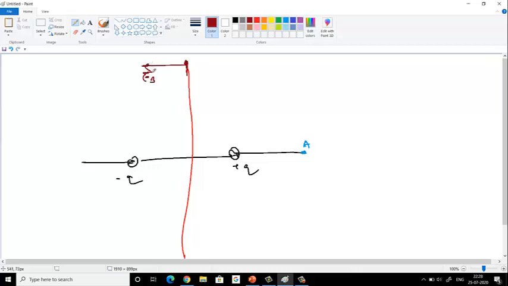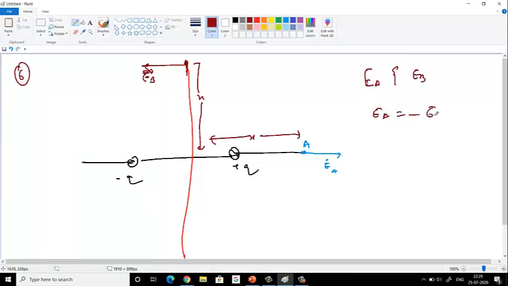At that point the electric field is given as EB, and on the axis the electric field is given as EA in this direction. They both are at equal distances from the center. So if this is x, this is also x. You need to tell me the relation between EA and EB. Relation means EA is equal to something into EB. Very easy question.